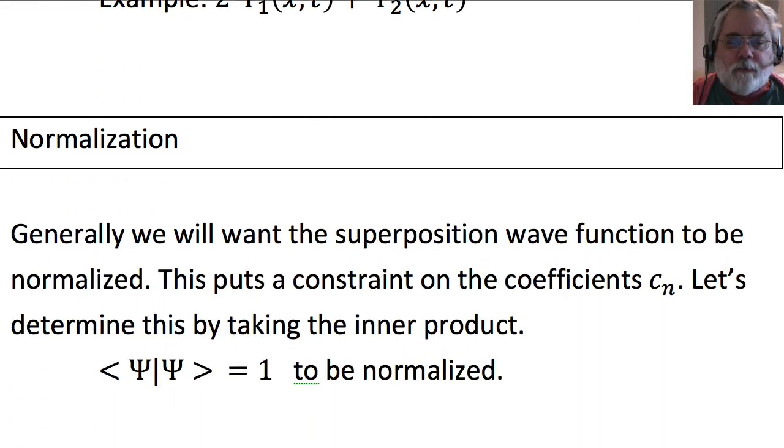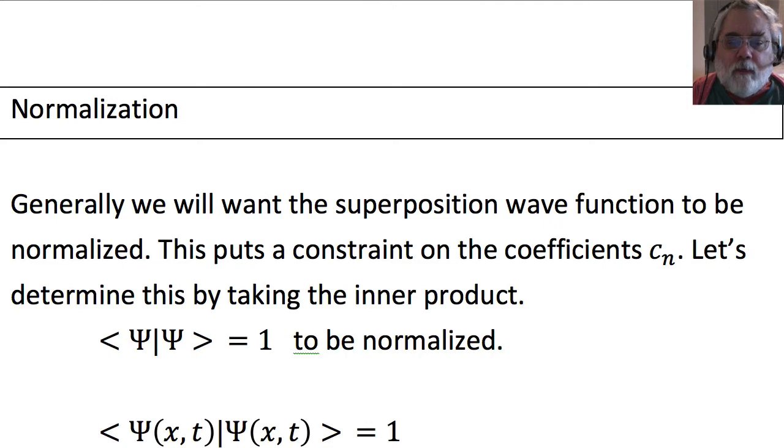First, we'll do normalization. Generally, we'll want the superposition wave function to be normalized. This puts a constraint on the coefficient c sub n. Let's determine this by taking the inner product. So the inner product of psi with psi needs to be 1 in order to be normalized.